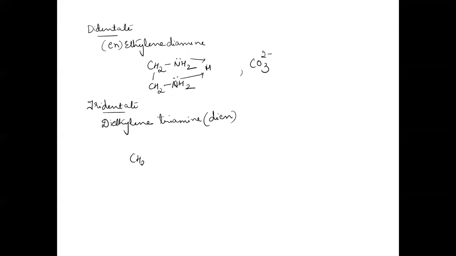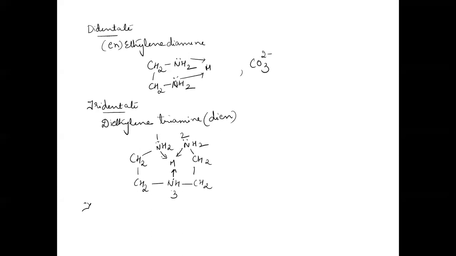If I take the structure of this, CH2, NH, it should have three donor atoms, right? I'll show you the three donor atoms. This nitrogen having the lone pair will act as a donor atom. See, 1, 2, and 3 donor atoms. So diethylene triamine is a tridentate ligand.